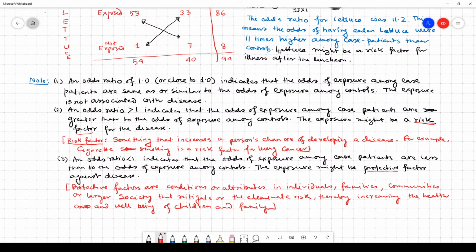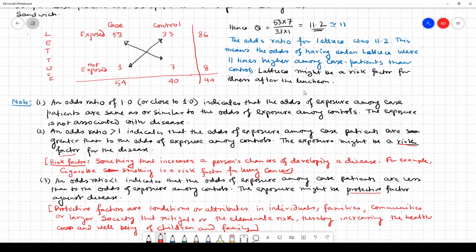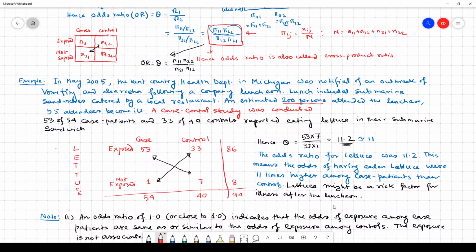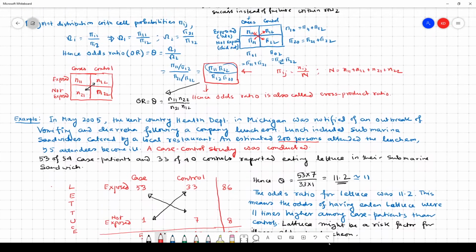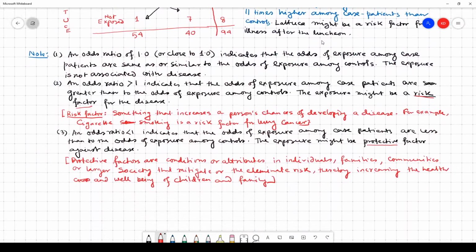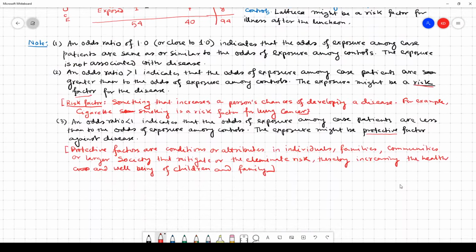So, let me consider an example. This is a case of ice cream. I want to check whether ice cream is a risk factor or a protective factor.